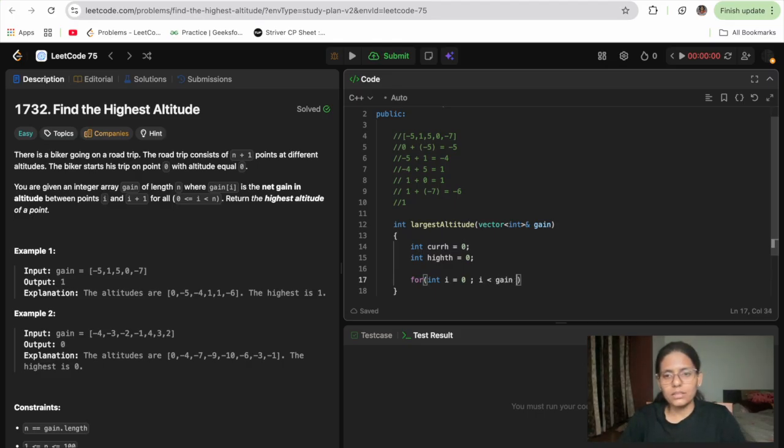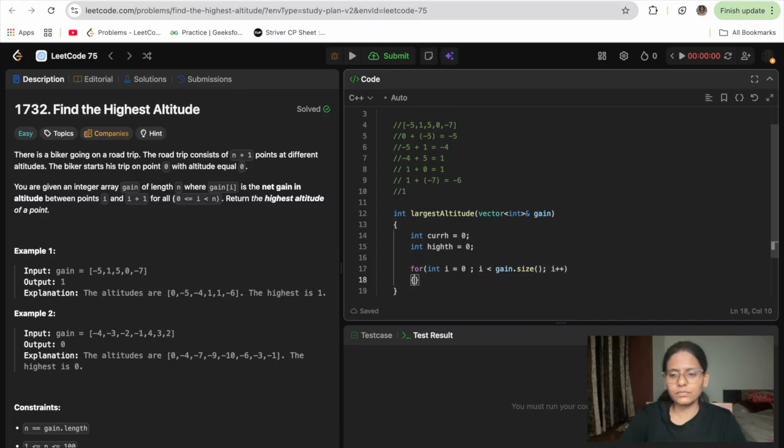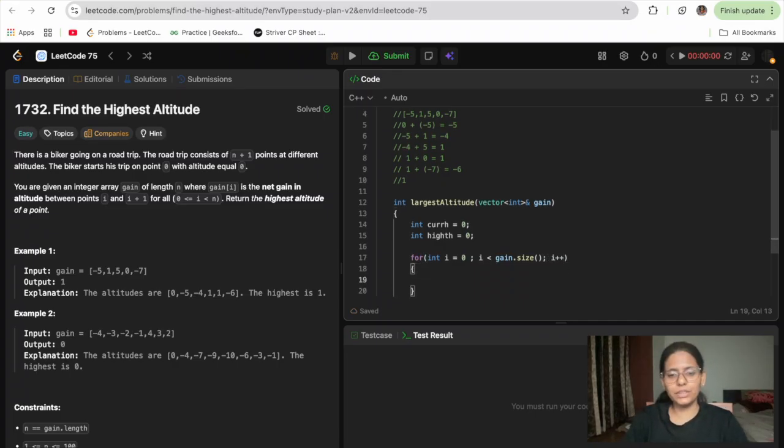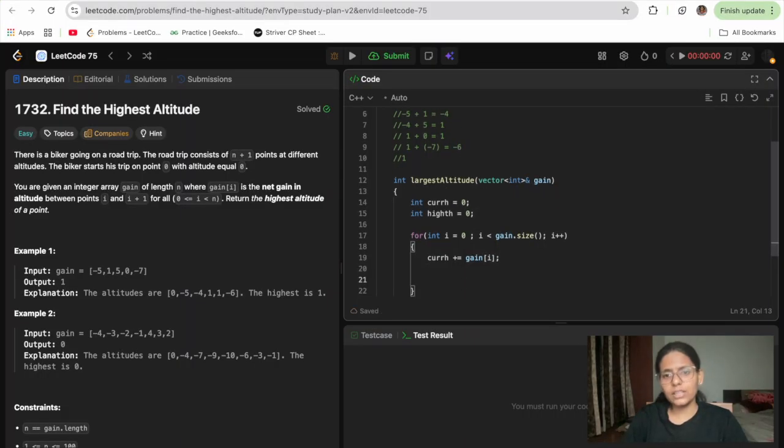We'll loop over gain.size, and the height difference between the two points is given by gain, and we'll add it to our current height. Then we'll check if the current height is greater than the highest height. If it is, we'll store it as our highest height, otherwise not.